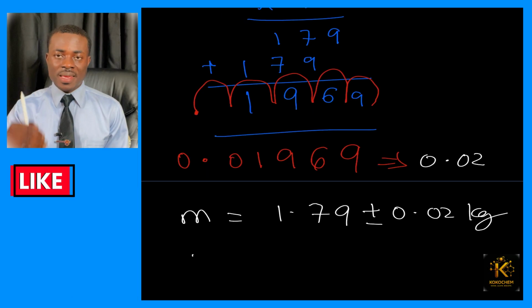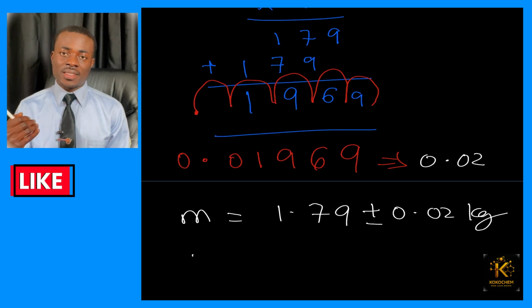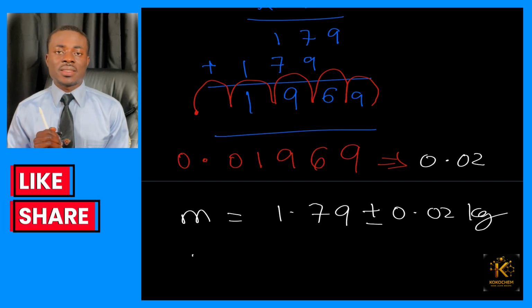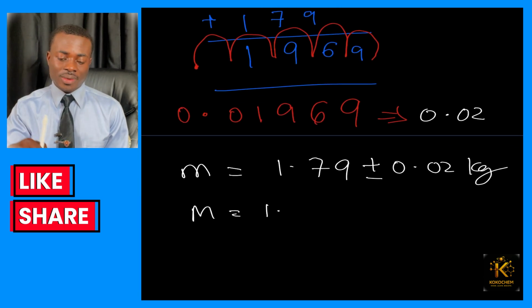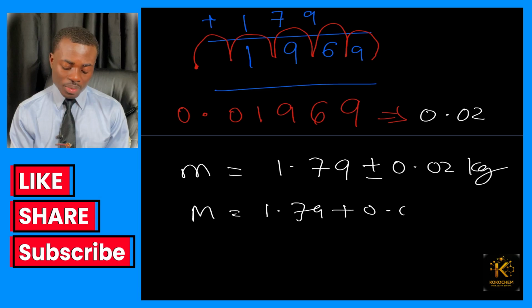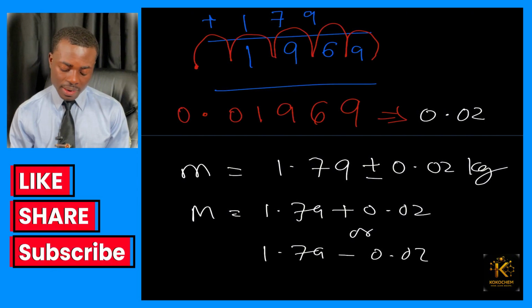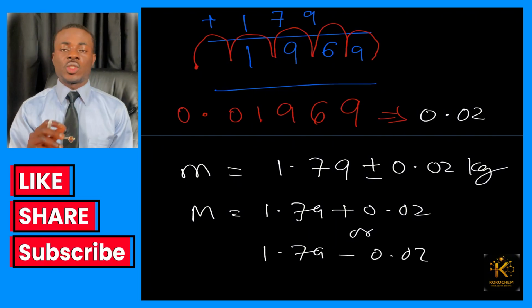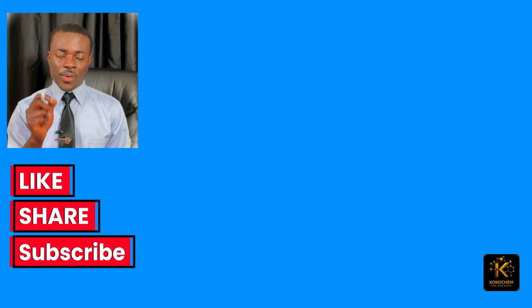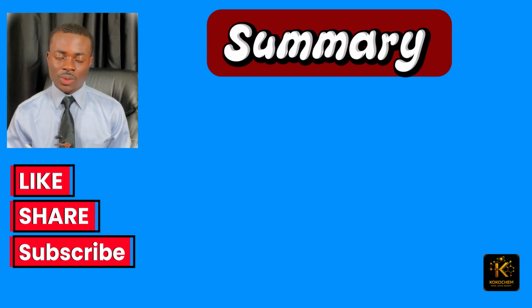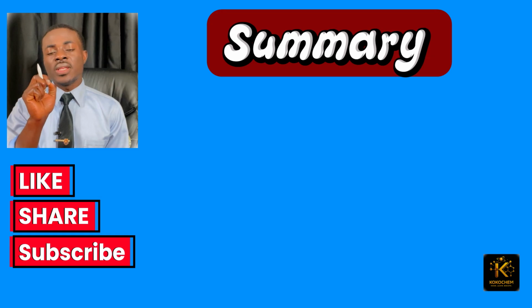What this simply means to us, if we are scientists, is that scientific measurements are not perfect. So the mass measured in the laboratory can actually be 1.79 plus 0.02, or it can be 1.79 minus 0.02.